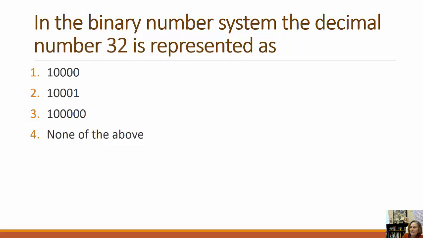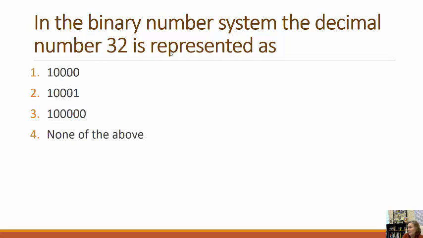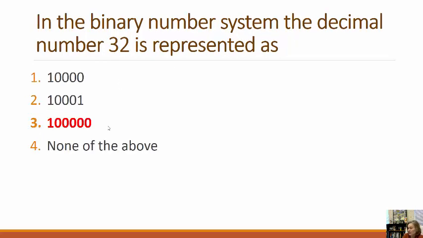And then this value here would be 2 to the 5th, I believe. Anyway, as you work out these numbers, this is the answer to that question. So the binary number of 32 is number 3. Okay?